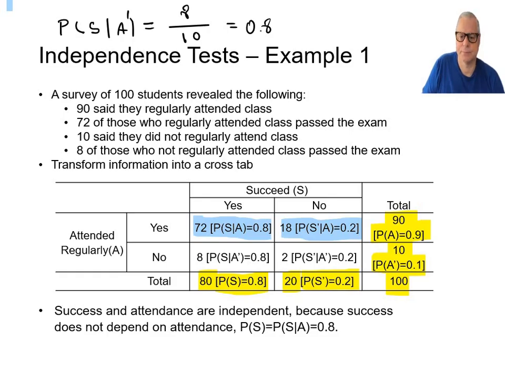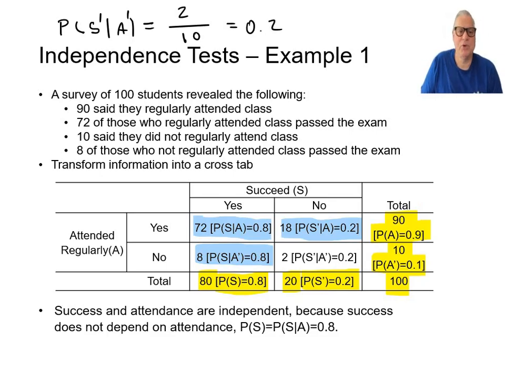And that means that 20% of those who do not regularly attend fail. So that is no success, S prime, given that they do not regularly attend, A prime. That is 2 over 10, which is 20%.